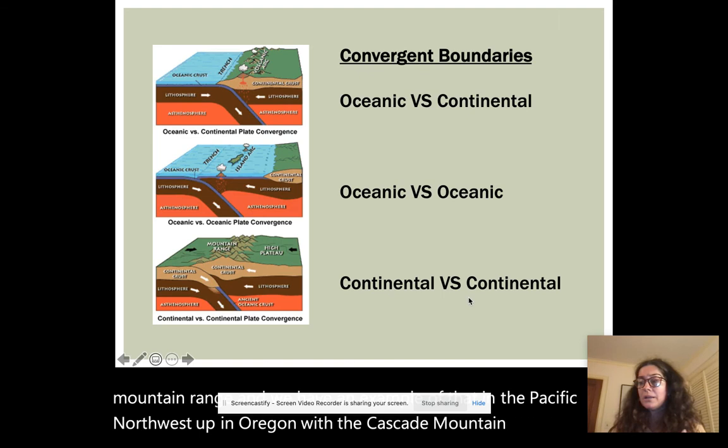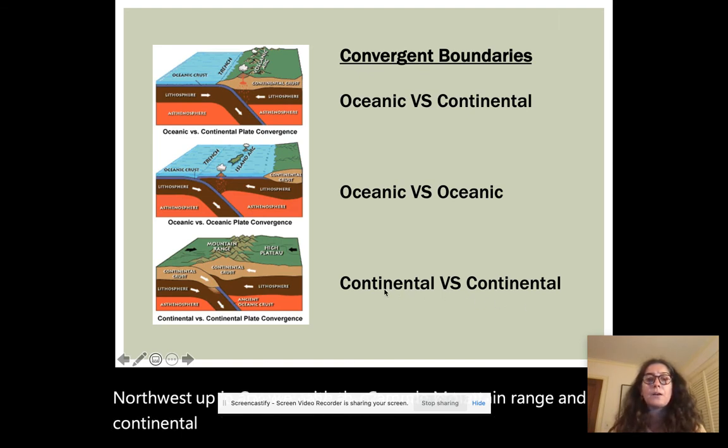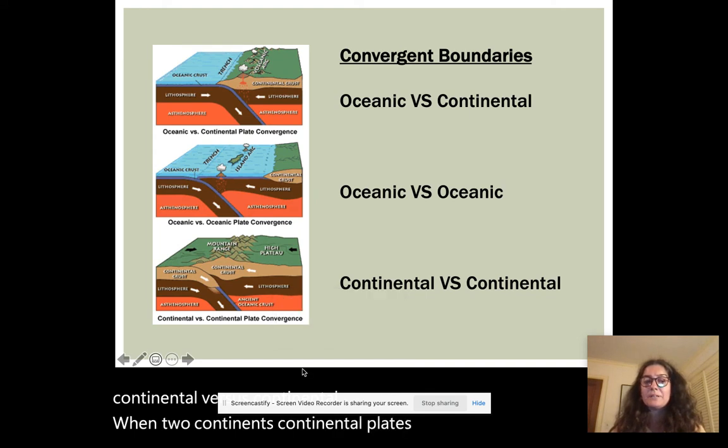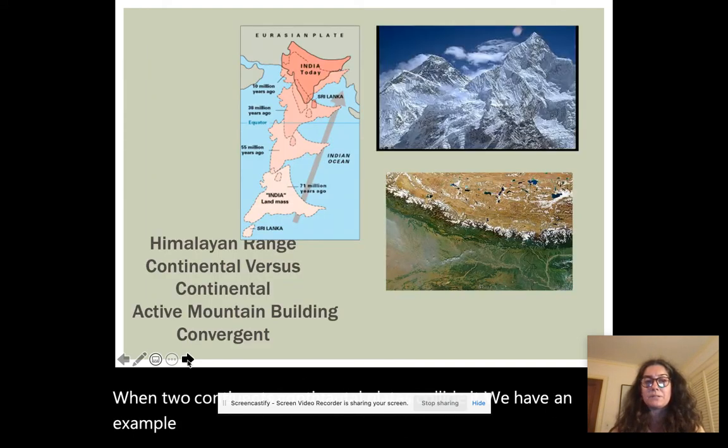And in continental versus continental, when two continental plates collide, we have the example of the Himalayan mountains.